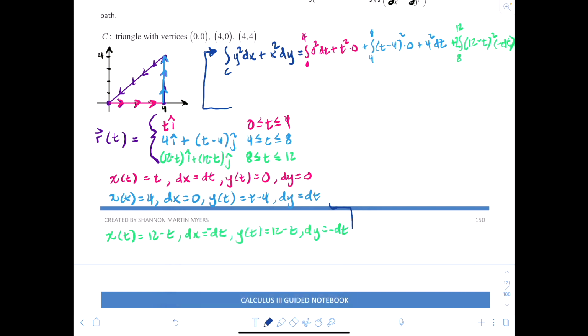So here we go. Our very first one zeros out, that's going to be 0. And then our second one, the first part zeros out, but then we'll have the integral of 16 evaluated from t is 4 to t is 8. That would be 16t.